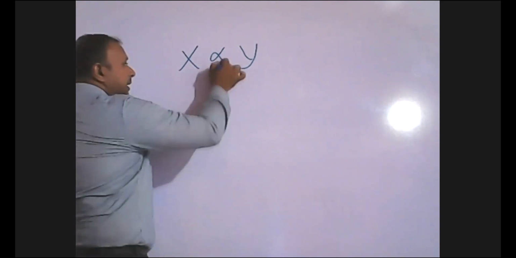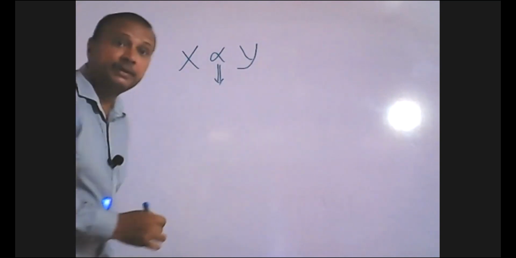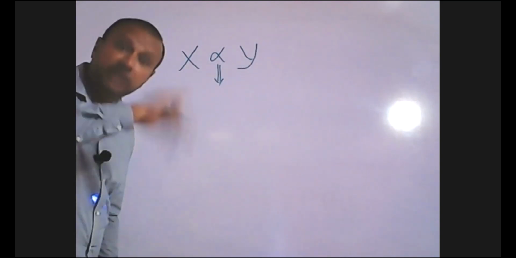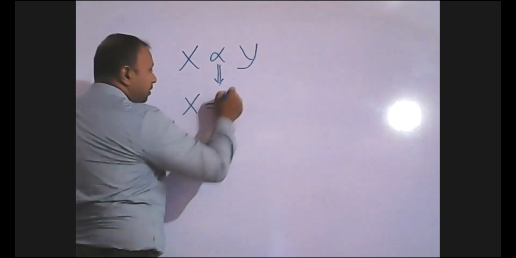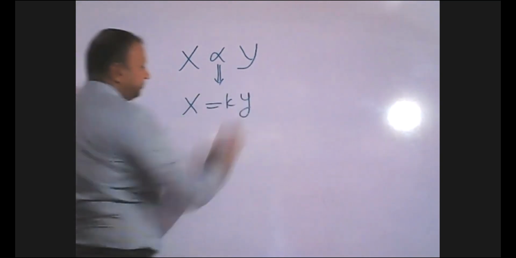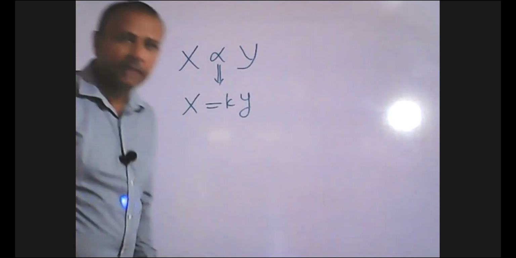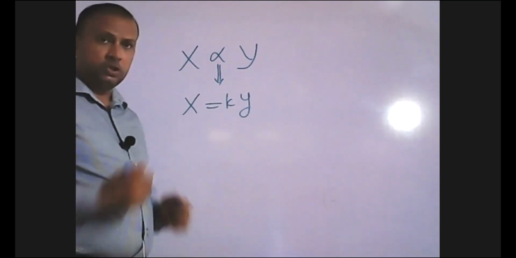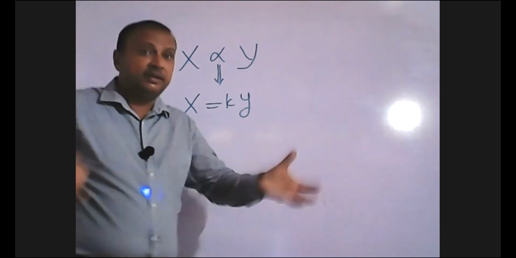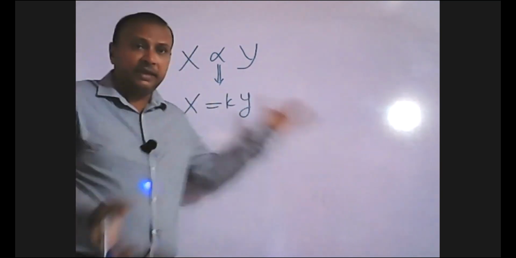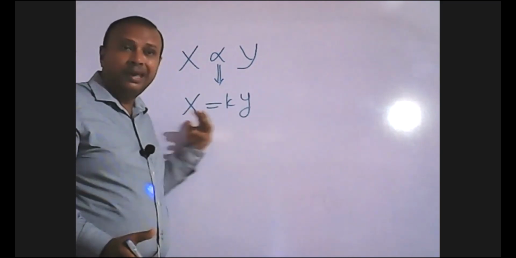So if it is a directly proportionality, I can write this as x equal ky.